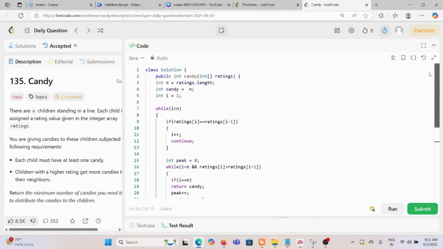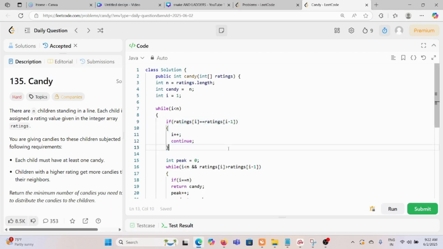See here, initially I have initialized candy equal to n, the length of the ratings array, and we are starting with i equal to 1. Why are we starting with i equal to 1? Because we want to compare from the left side and right side both, and the first child doesn't have a left child at all.